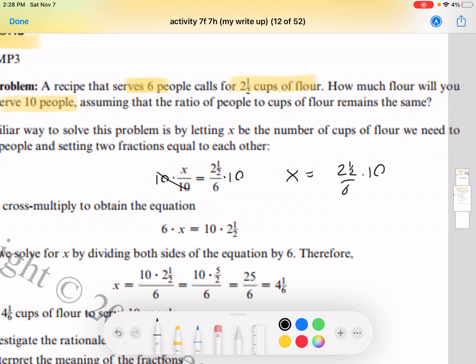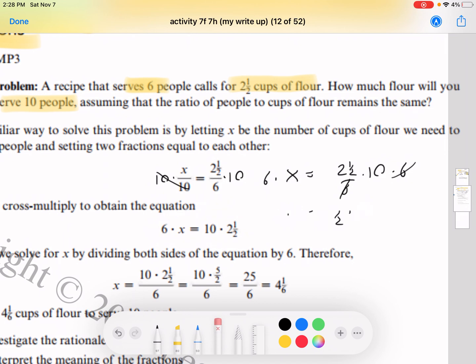And now I can multiply both sides of this equation by 6. And when I do that, these 6s are going to cross off, which leaves me 6 times x equals 2 1/2 times 10. And so when you cross multiply, really, you're multiplying both sides of your equation by 6 and both sides of your equation by 10, and then simplifying, and we come to this place right here.